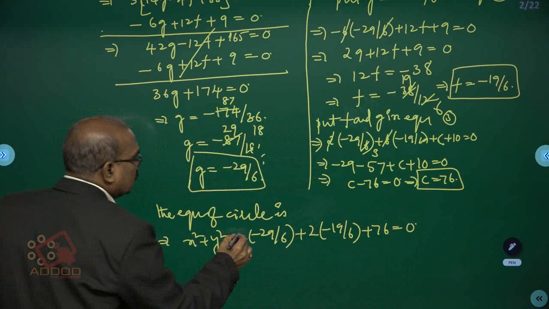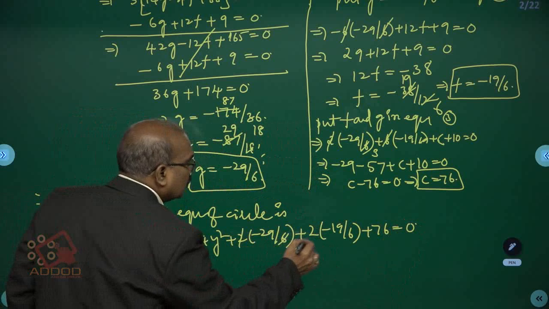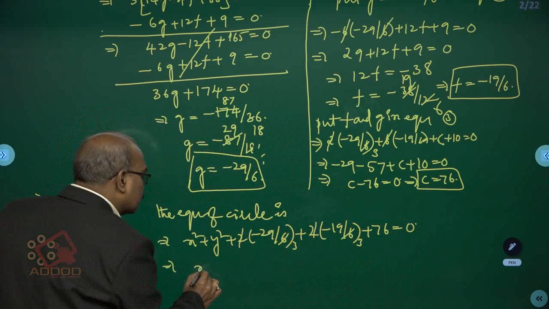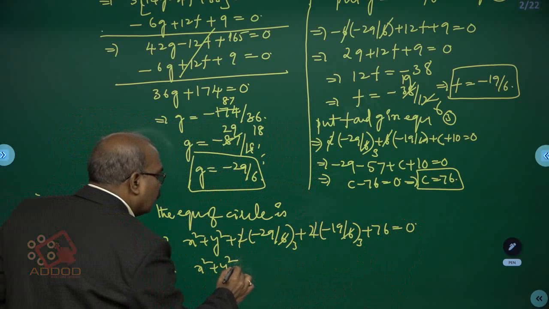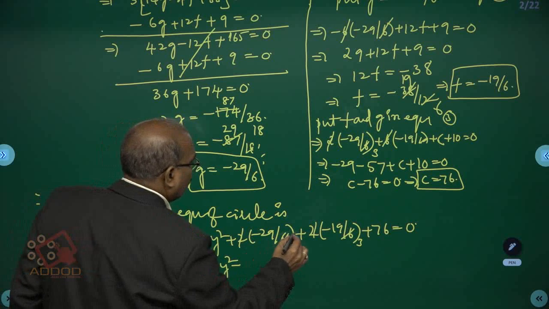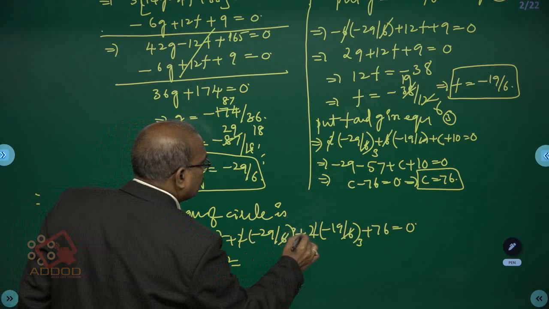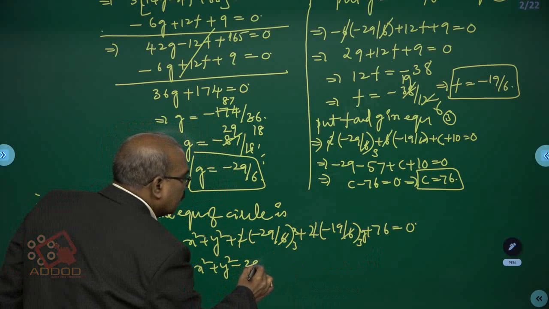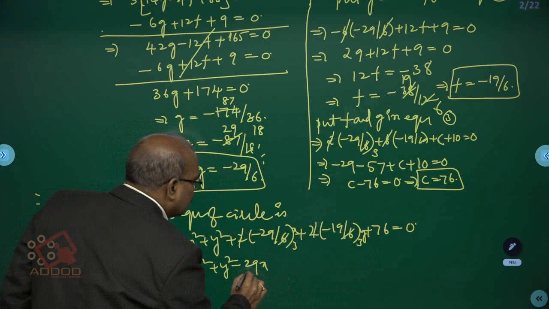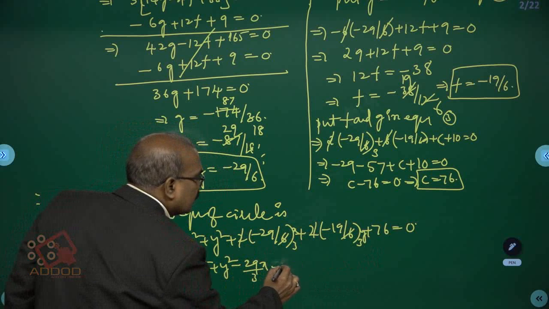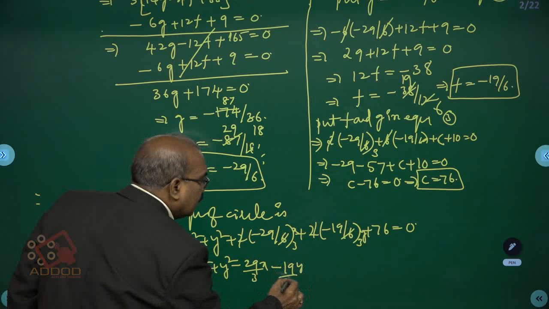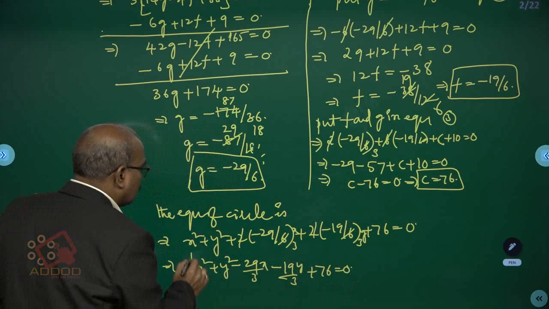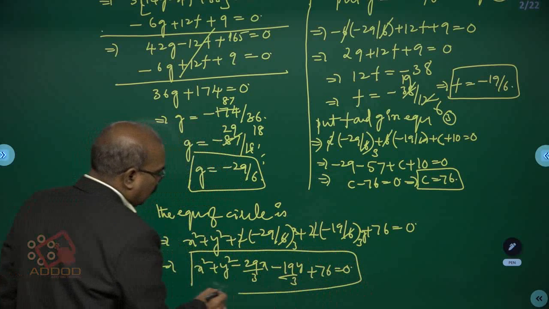So therefore x square plus y square minus 29x by 3 minus 19y by 3 plus 76 is equal to 0. So this is the equation of the circle.